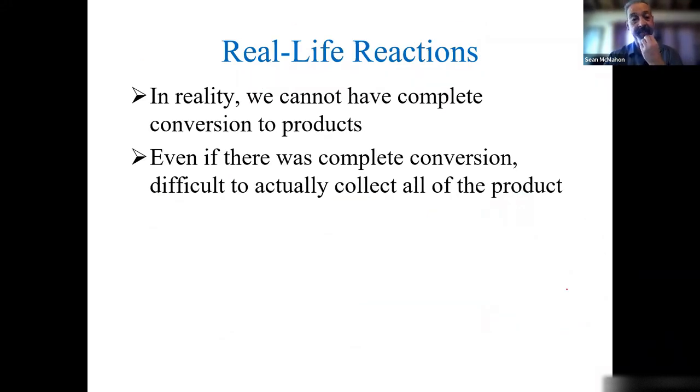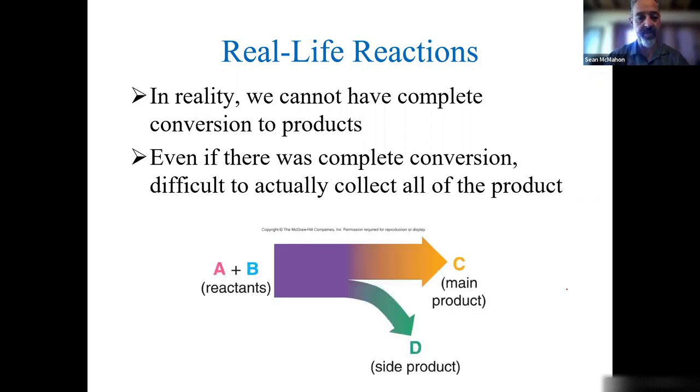But in real life, okay, we don't always have complete conversion of reactants to products. And sometimes that complete conversion is a difficult technique and it doesn't actually happen. And we can't actually obtain that in lab.